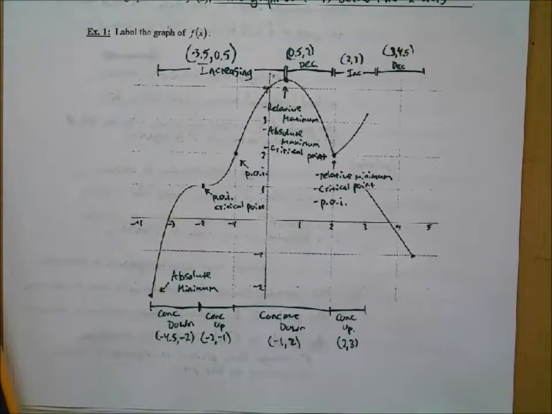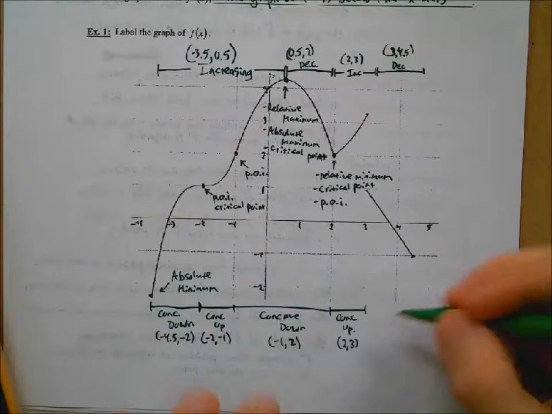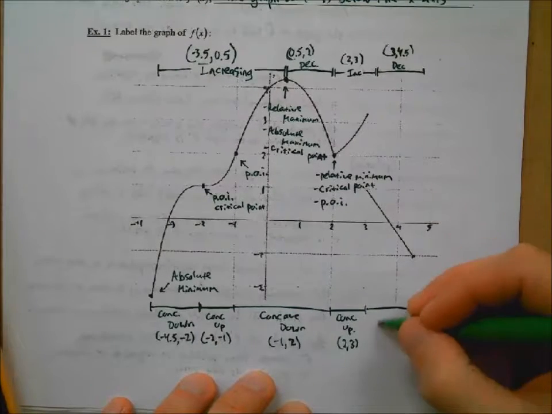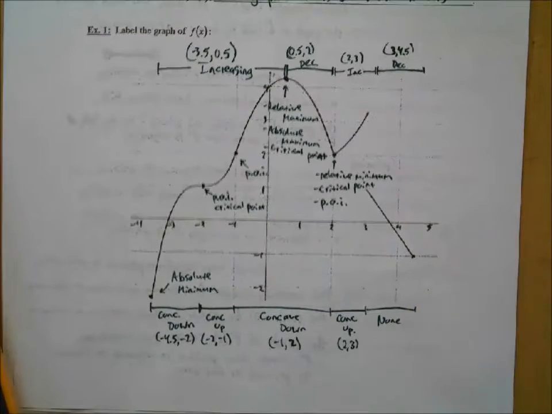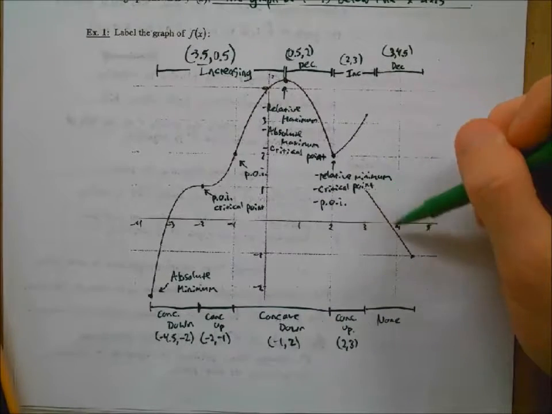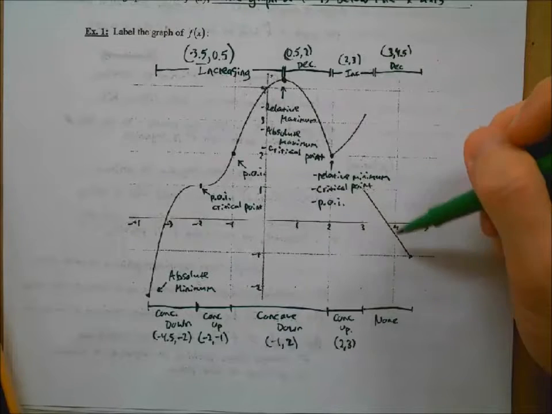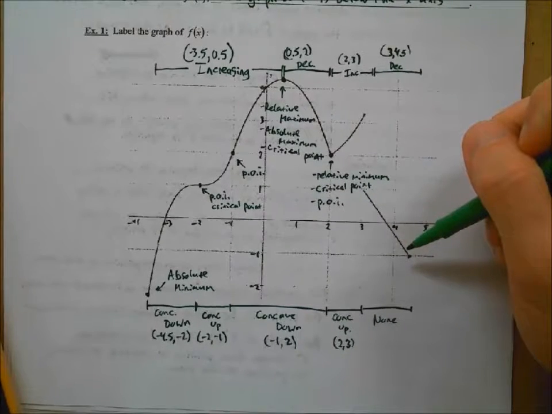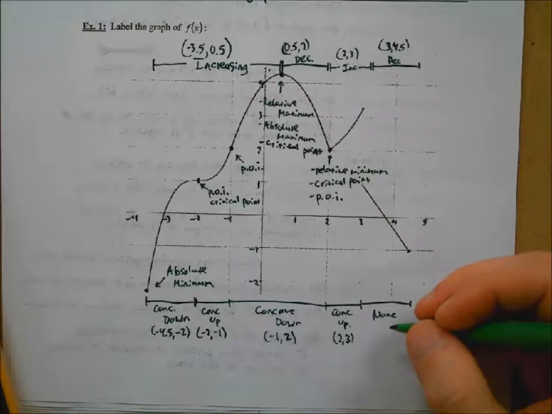Okay. And then what's the concavity from 3 to 4.5? None. There isn't any concavity, right? You can think about this like it looks linear, right? The first derivative of something that's linear is going to be its slope, and then the derivative of the slope is 0. And so there is no concavity there.